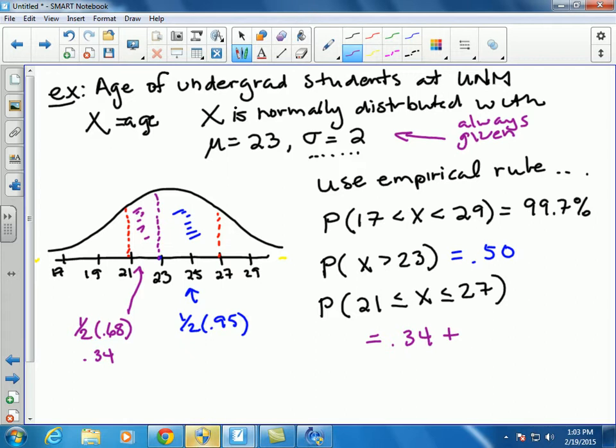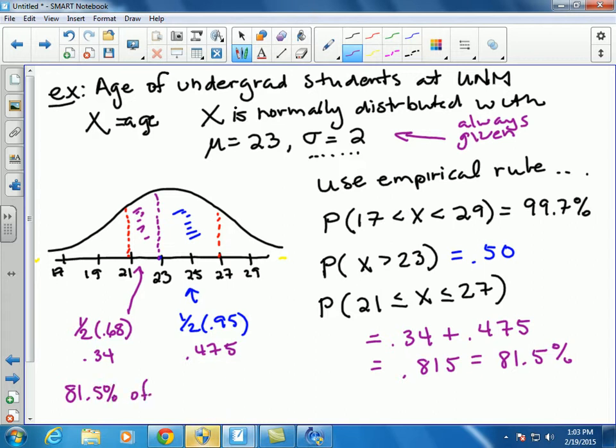Okay, it's 47.5 or 0.475. So I add 0.475 to it. I add those together and I get 0.815 or 81.5%.